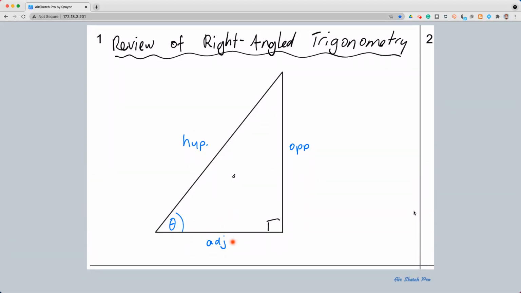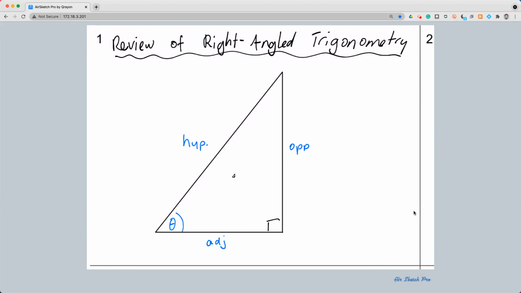And that leaves the one that's left over, which we call the adjacent side. Now, adjacent is just an English word which means next to. There are two sides that are next to theta, but this one's already been claimed, so we're left with calling this one adjacent. Okay, so opposite, adjacent, and hypotenuse are the three sides.